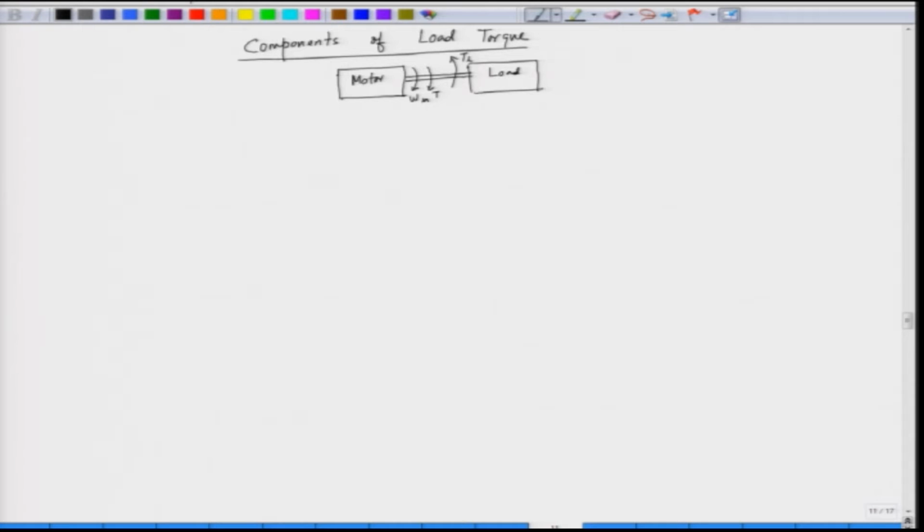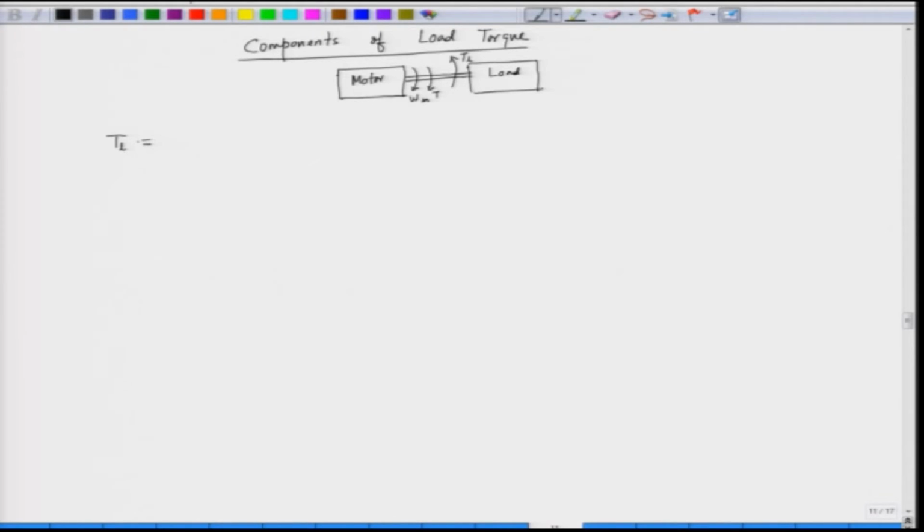Now, what are the components of load torque T L? T L is a load torque which consists of usually two parts. The first part is called the friction component, that is TF, and the second part is the useful load torque, that is T L. So, what is TF? TF is the friction torque.